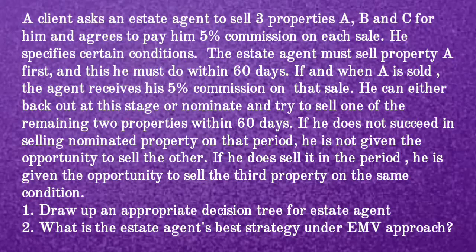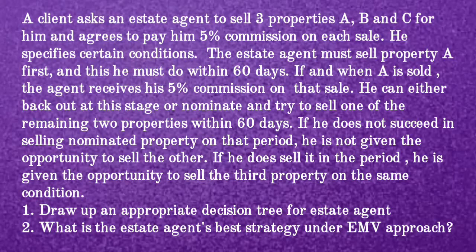If and when A is sold, the agent receives his 5% commission on that sale. He can then either back out at this stage or nominate and try to sell one of the remaining two properties within 60 days. If he does not succeed in selling the nominated property in that period, he is not given the opportunity to sell the other.